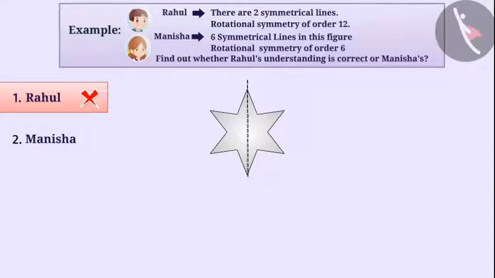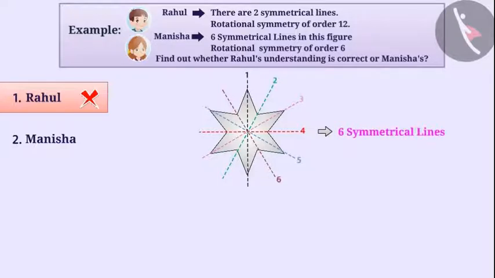First in this way, second in this way, the third in this way, fourth in this way, fifth in this way, and sixth in this way. No more symmetrical lines can be drawn in it. So we can say that the figure has 6 symmetrical lines.